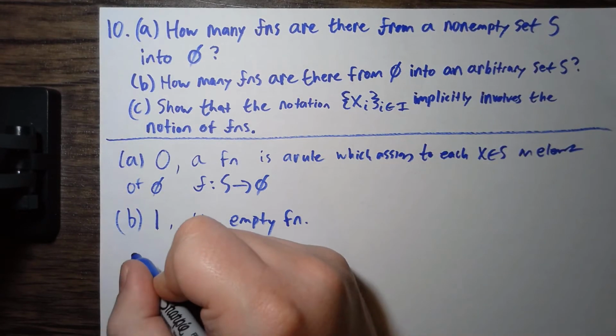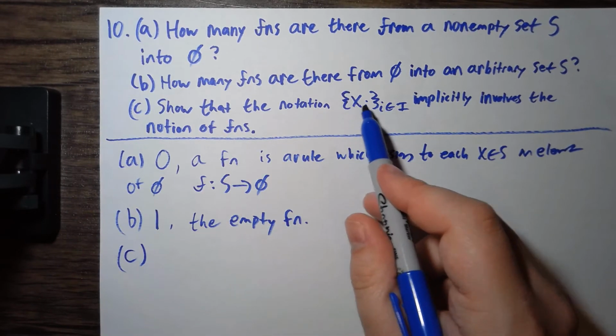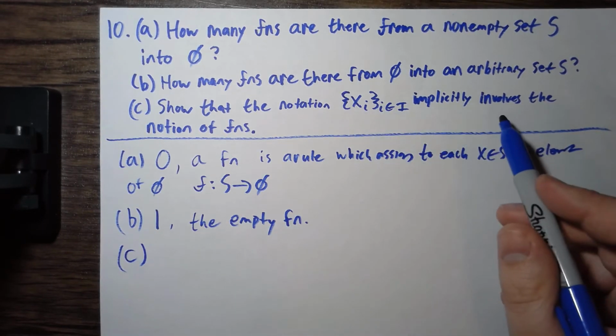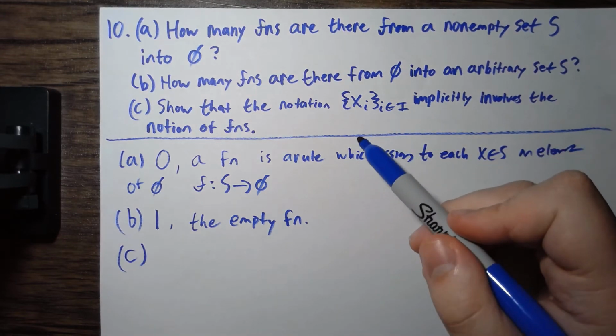C, we want to show that the notion of the set of x_i, where i is in I, implicitly involves the notion of function. And the idea here is, we're thinking of all of our x_i's.